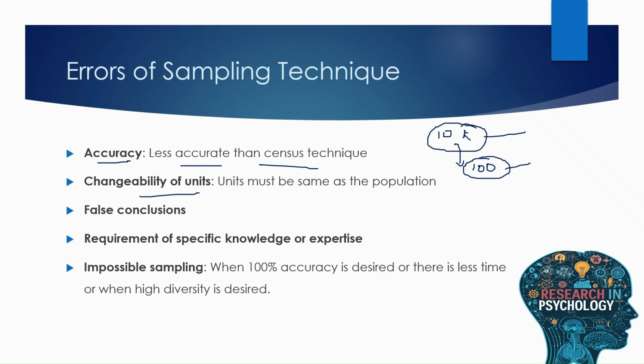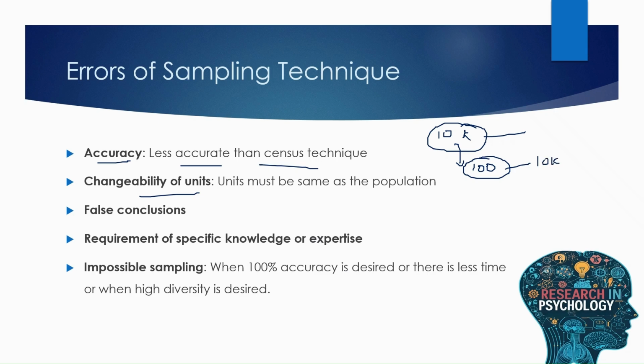The unit or the sample you are choosing, each individual unit in that sample should remain consistent throughout your study. They should not change, right? Even though you are choosing a sample from a population, the units that you are choosing should remain consistent throughout the study. If you are changing the unit, then it may hamper the result. For example, I chose this 100, right? Of these, 10 people left the city, so they are no longer available for me to collect data.